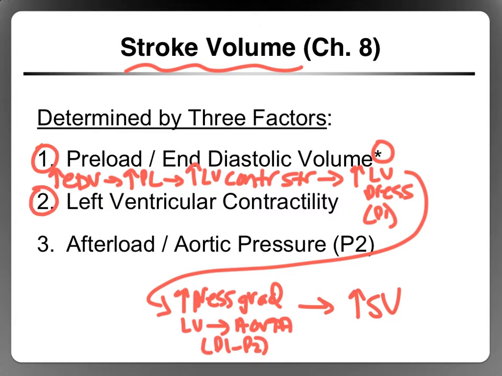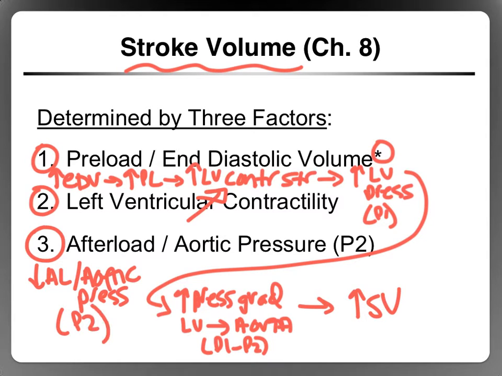Number two is left ventricular contractility. If we have greater left ventricular contractility, that also causes an increase in left ventricular contraction strength, and therefore more pressure, greater P1, bigger pressure gradient, bigger stroke volume. The third one is afterload, aortic pressure. What we see with exercise is that if afterload, aortic pressure, which is essentially P2, goes down, then the pressure gradient goes up.